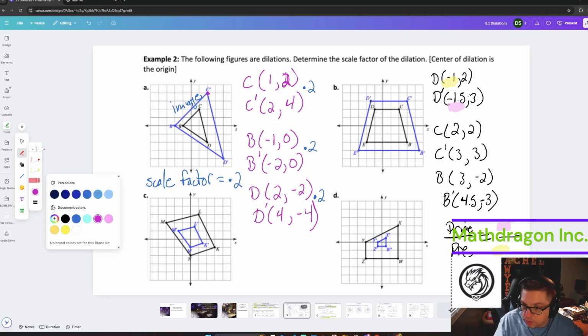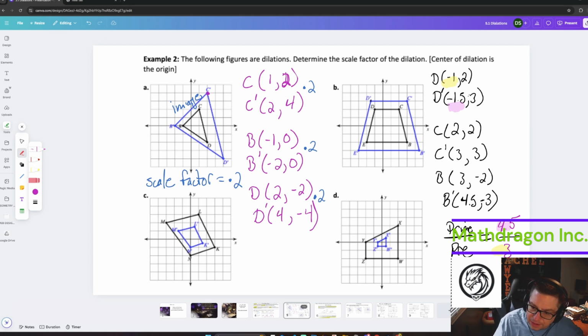So if we were to do that, let's try with this one. So our prime value is 4.5 and our pre value is 3. And if I do that, I'm going to get 1.5, which is 3 divided by 2. So let's see if 3 divided by 2 is going to work.